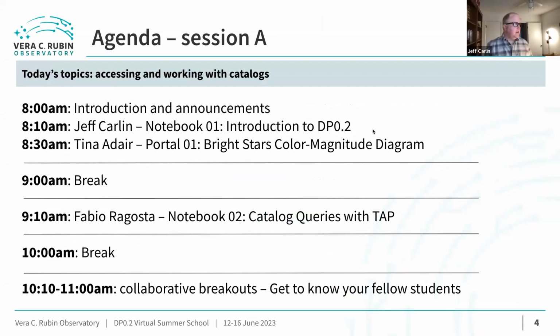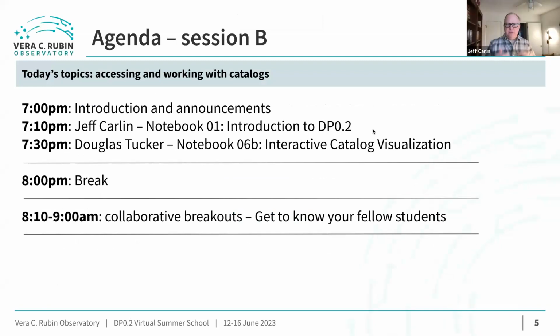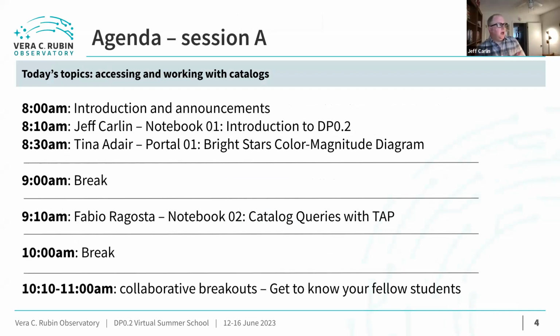Getting on to the agenda for today: introduction, announcements, you've seen. Then we're going to go through an introduction notebook. It's simply called Introduction to DP0.2, which just gives you some very basics about how to interact with notebooks and how to access data products. After which, Tina will show you the portal aspect, because you can also access data via the portal, not just via Jupyter Notebooks.